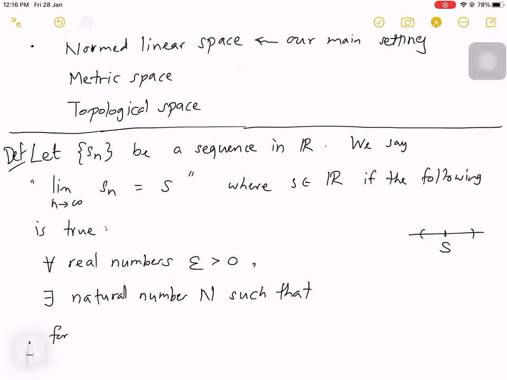Small n greater than or equal to capital N implies the absolute value of Sn minus S is less than epsilon.